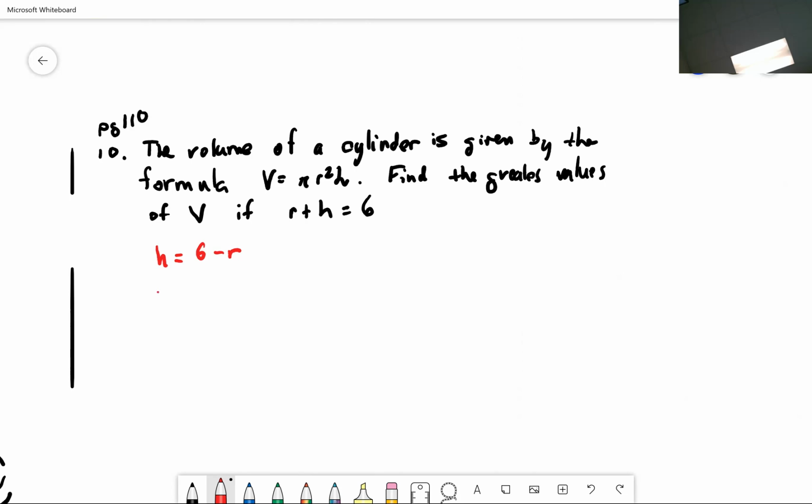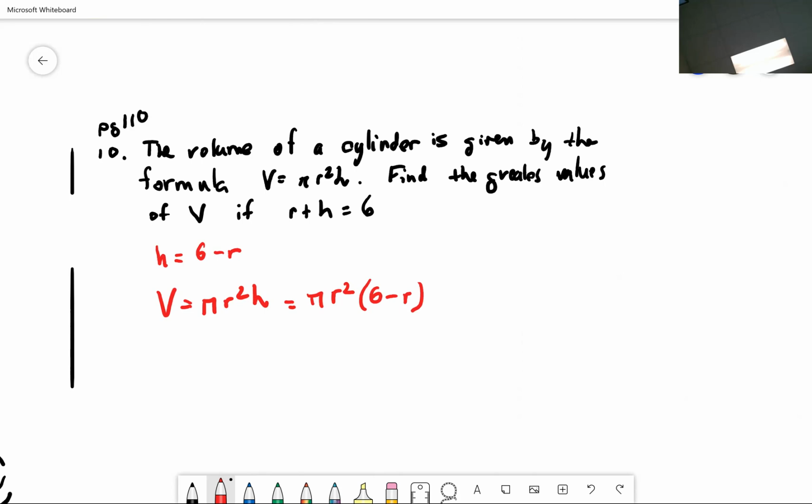So that when I look at my volume, pi r squared h, I can replace the h with 6 minus r. And the reason I did that is because I want one side of the equation to have only r's or h's, and the other side to be V.